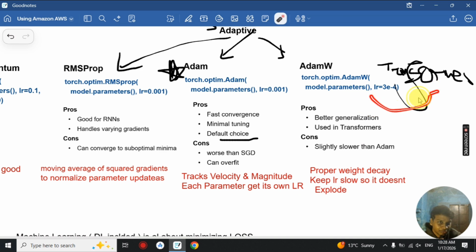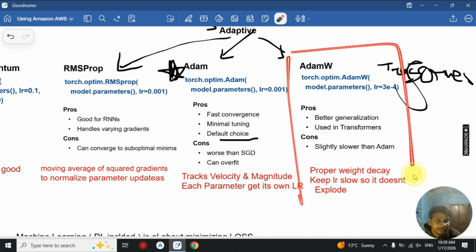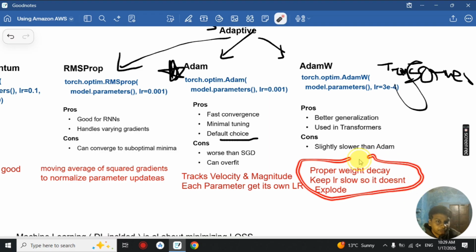This is mainly because the transformer has a huge number of model parameters, okay. And if you use a very high learning rate, then it will explode very fast, okay. Here it is used for better generalization, and it is used mainly for transformers, okay. It is slightly slower than Adam, but if you are using a transformer, then this is the required optimizer, okay. It adds a proper weight decay, and it keeps the learning rate so small that the model doesn't explode, okay.